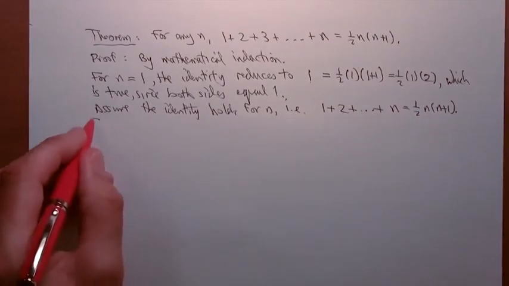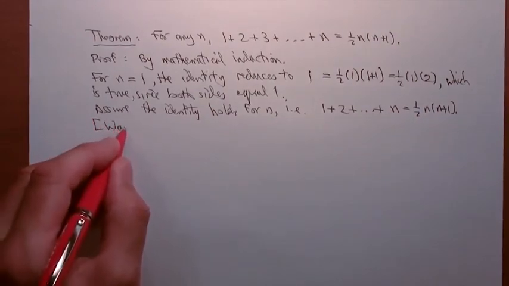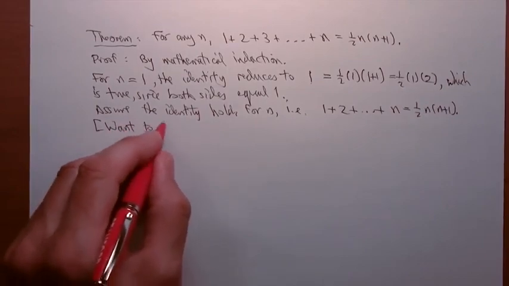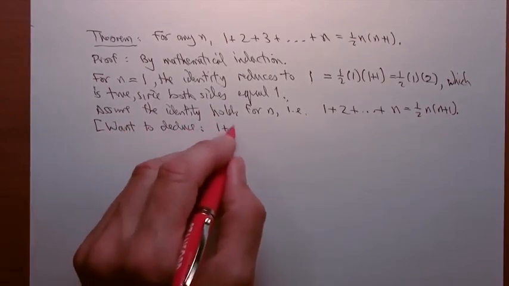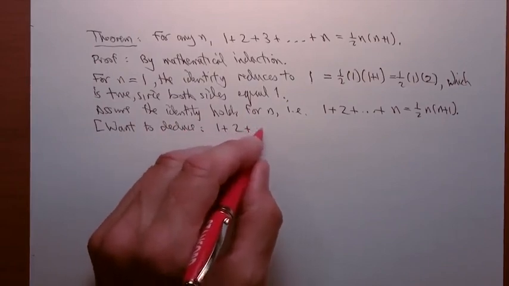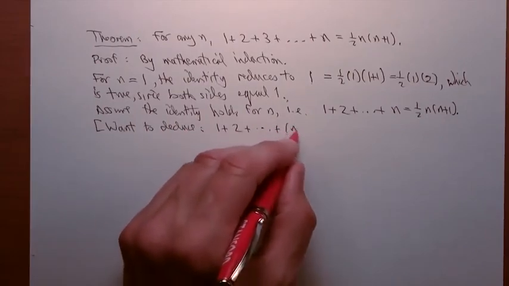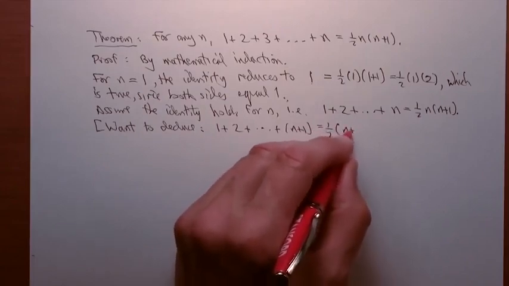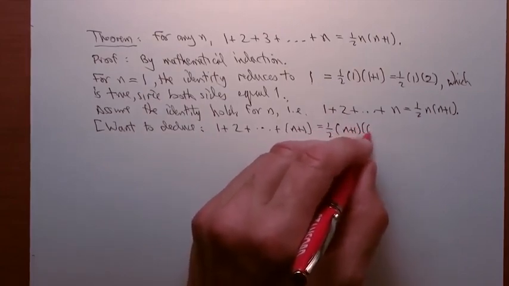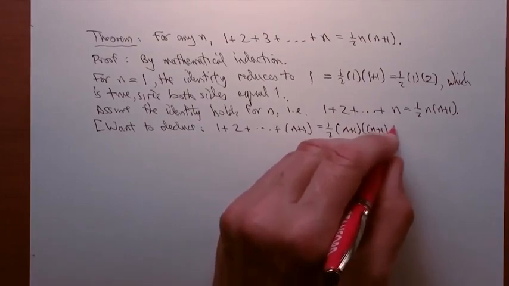And let me note now, and I'll put this in brackets, I want to deduce 1 + 2 + ... + n + 1 equals a half (n + 1)(n + 1 + 1).